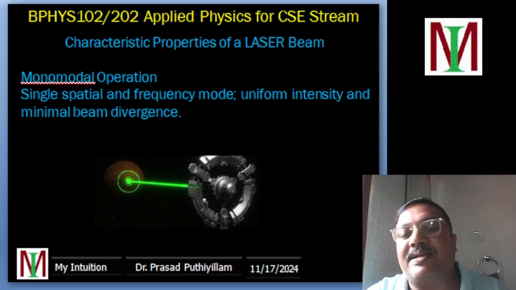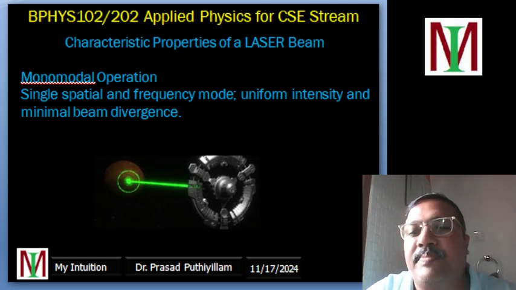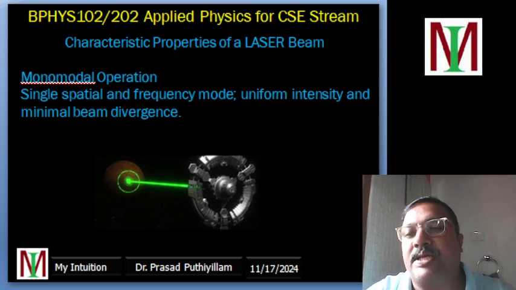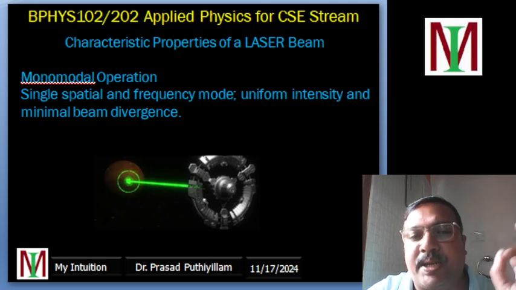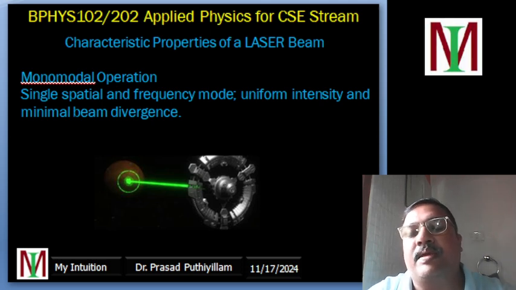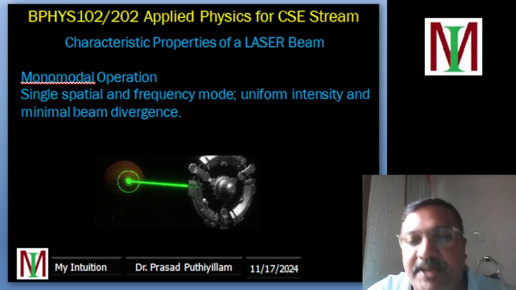In more practical terms, the laser produces a beam with minimum divergence and uniform intensity across the entire beam. It does not split into multiple paths or change direction as it travels. That is the meaning of monomodal.